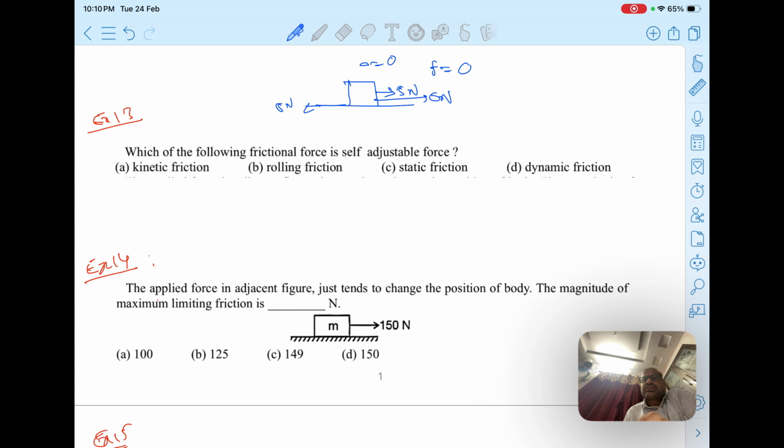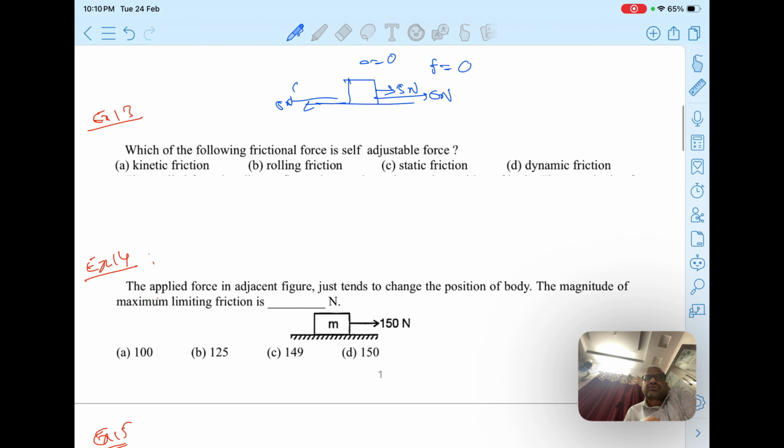If I increase the force to 6 Newton and there is still no motion, then friction is also 6. Like this, the value of friction adjusts with respect to the applied force. This friction comes into the picture when a body is about to move. This kind of friction is called static friction, a self-adjustable friction. Therefore, the self-adjustable frictional force is static friction.